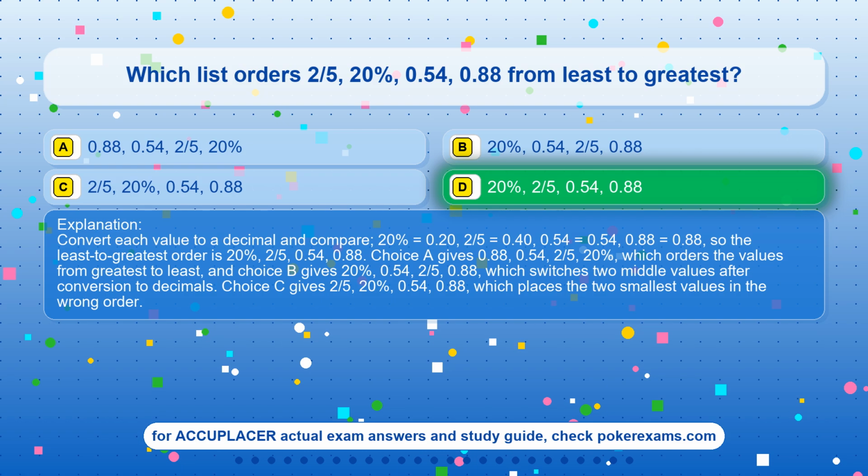Choice A gives 0.88, 0.54, 2/5, 20%, which orders the values from greatest to least, and choice B gives 20%, 0.54, 2/5, 0.88, which switches two middle values after conversion to decimals. Choice C gives 2/5, 20%, 0.54, 0.88, which places the two smallest values in the wrong order.